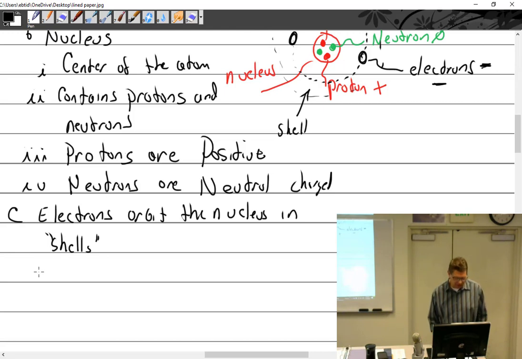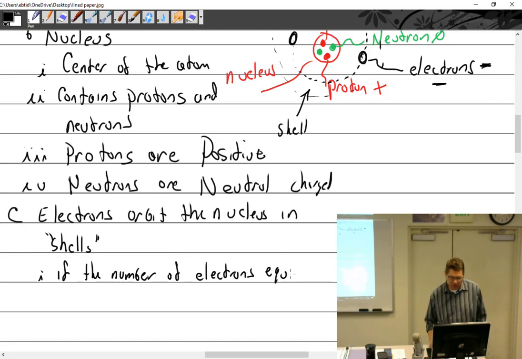So the number of electrons, I should have mentioned this, the number of electrons equals the number of protons.